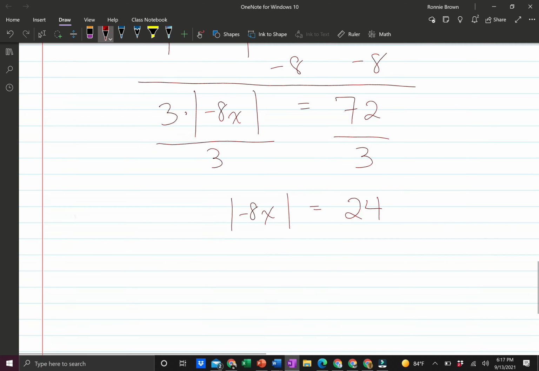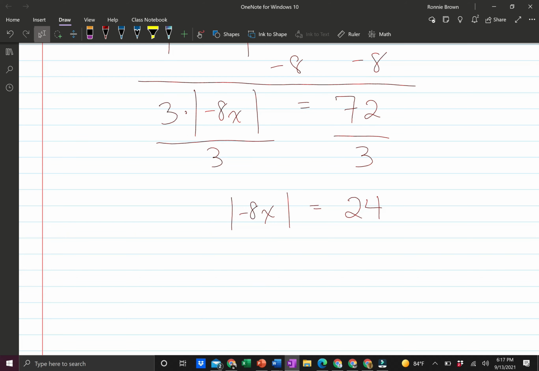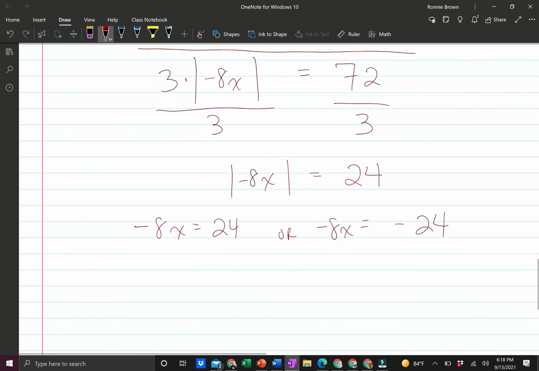All right, so next what we do is go ahead and rewrite it the two different ways. Negative 8x equals 24, or negative 8x equals the negative of the 24. All right, now it looks like all we need to do is go ahead and divide both sides by negative 8 to get the x by itself.